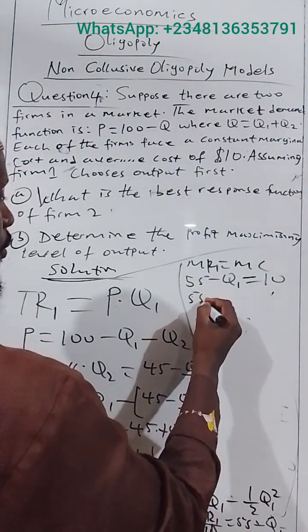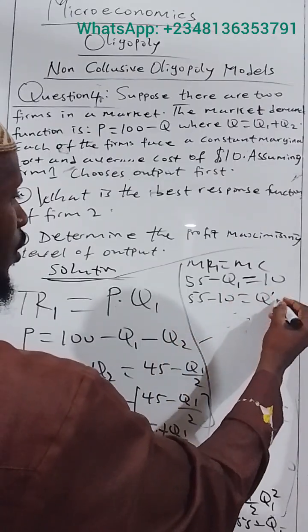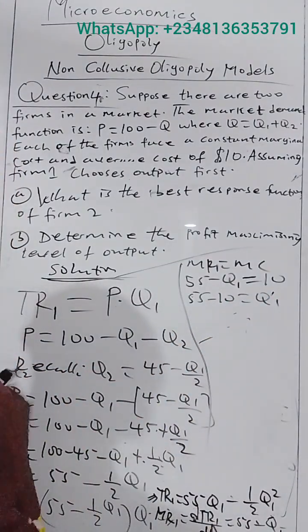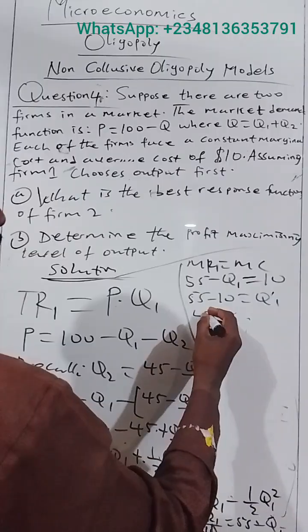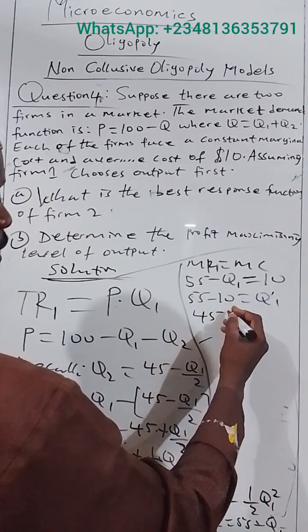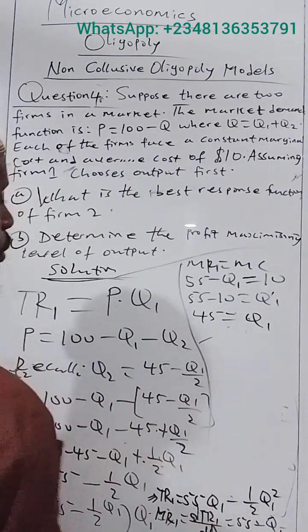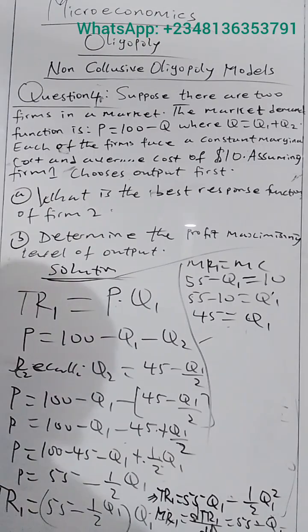Then we have 55 minus 10 equals Q1. When you subtract, the answer is 45 equals Q1. So Q1 is equal to 45.